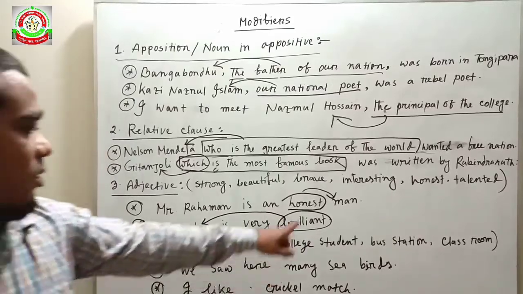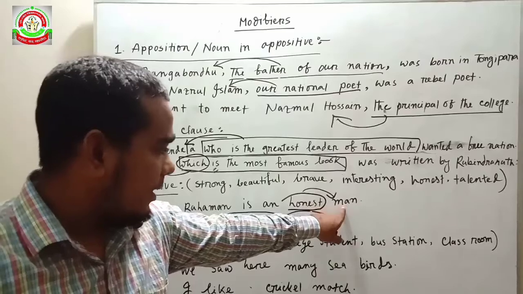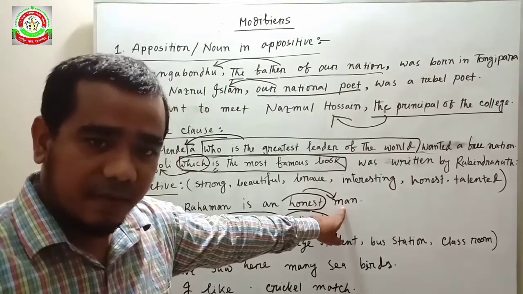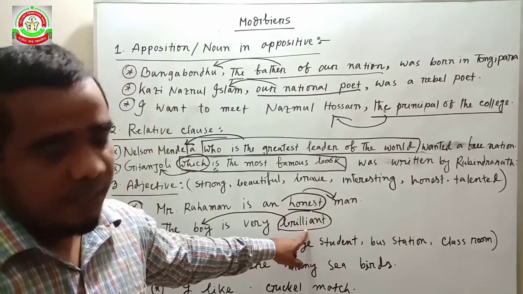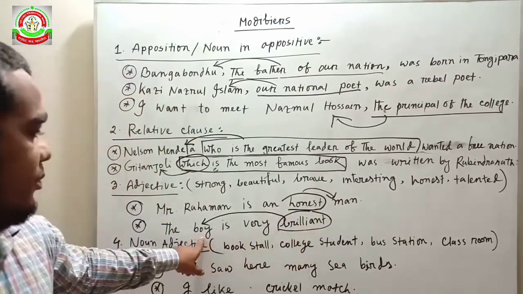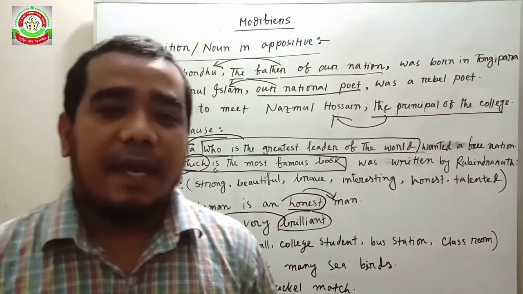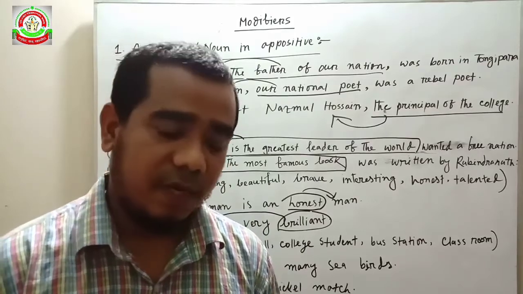That means honest is an adjective that pre-modifies its next noun, but brilliant is also an adjective, and it post-modifies its previous noun. And like this an adjective can pre-modify and can post-modify.